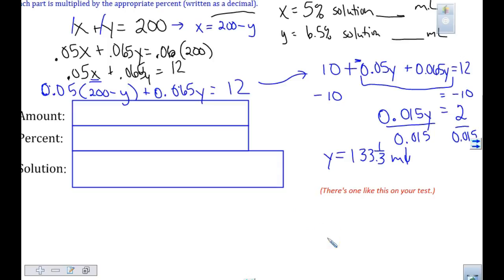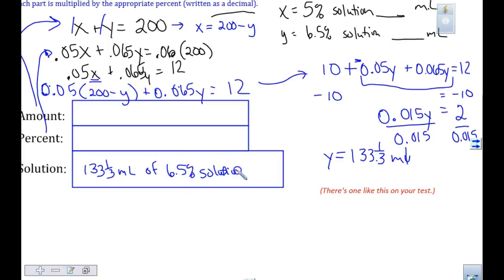So when we were looking at that, these are the 2 equations, if you want to write them in. This is the amount one that we had here. This was the percent one. I don't know if you need to write it in the boxes. But we can start our solution. Right now we have y. We have 133 1/3 milliliters of 6.5% solution. We need to find the x.